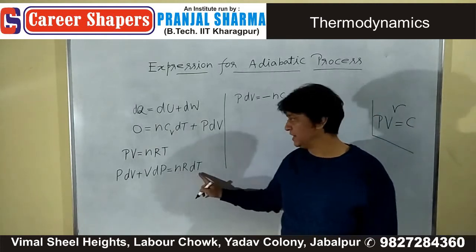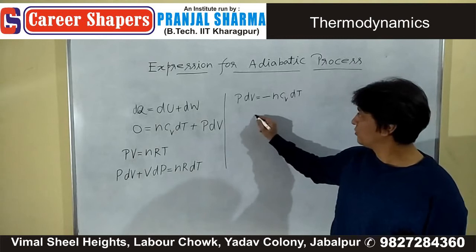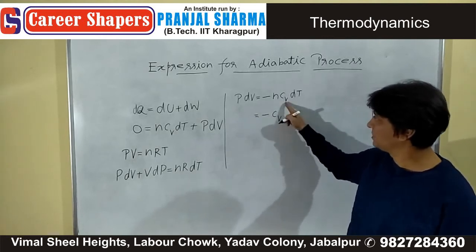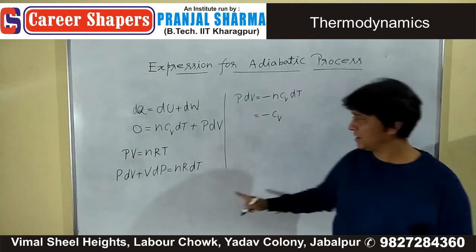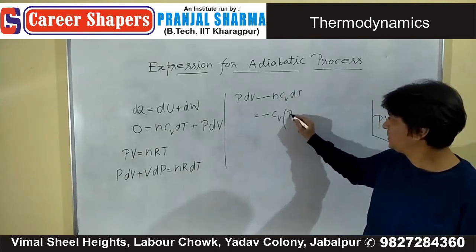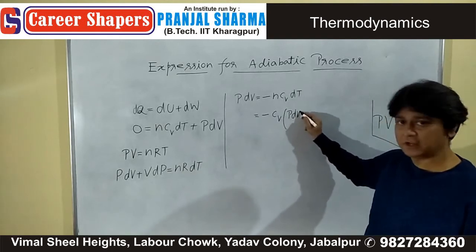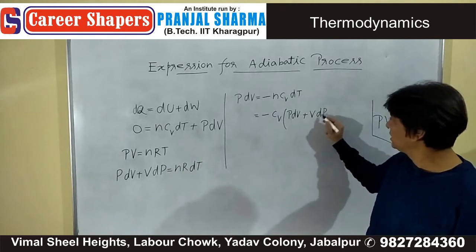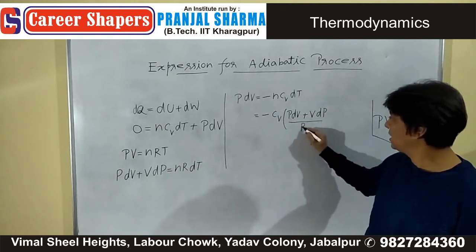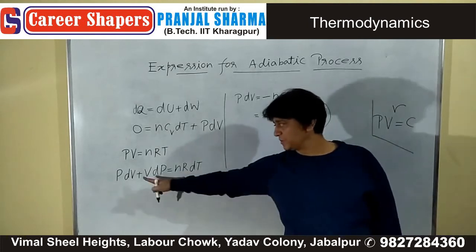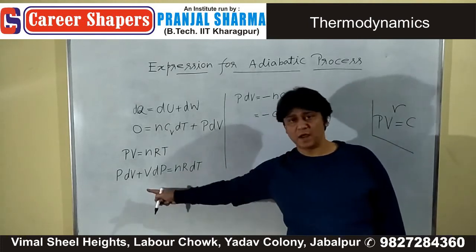What's the value of n dT? Put this value of n dT. This is Cv, then n dT. n dT is coming as (P dV plus V dP) divided by R.